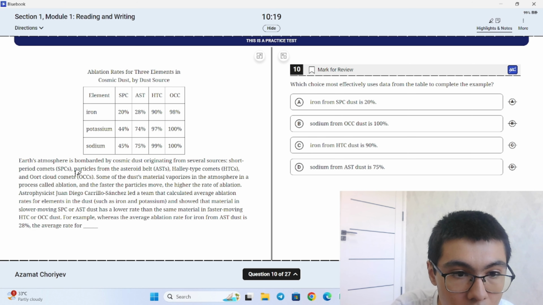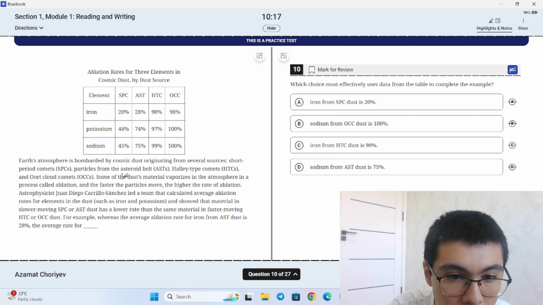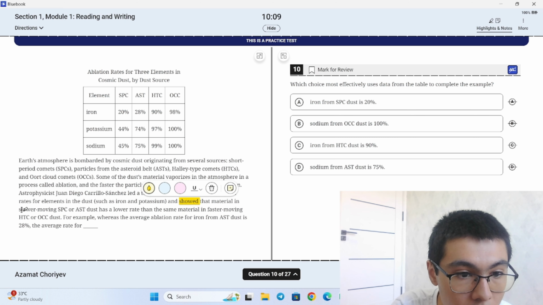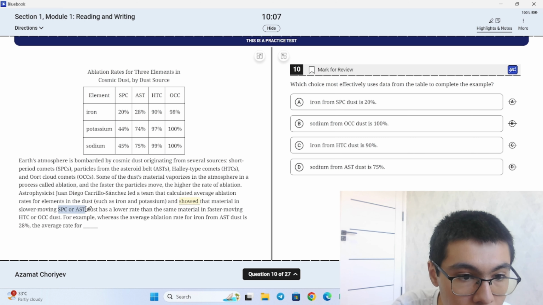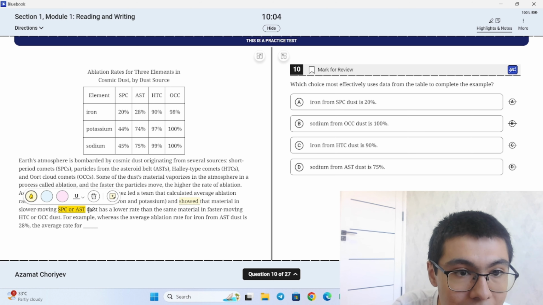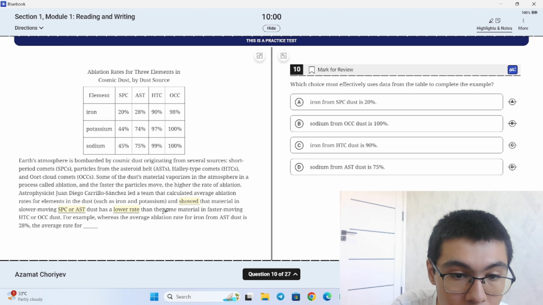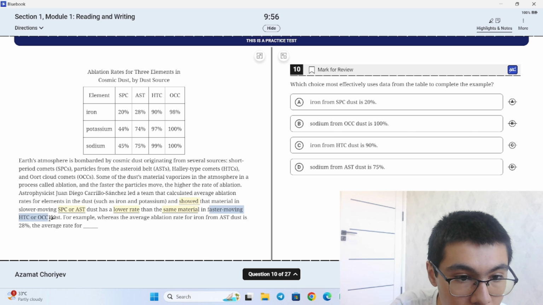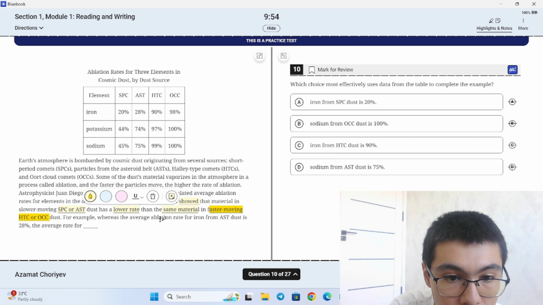So I'm going to read that quickly. Yeah, that's the important part. That material in CPC or ACT dust has a lower rate than the same material in faster moving dust, for example, of iron.